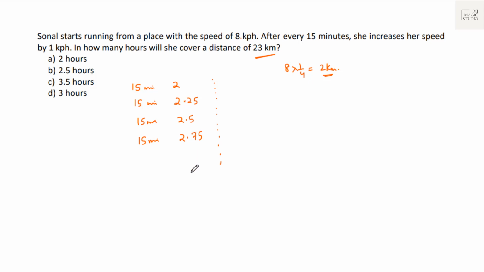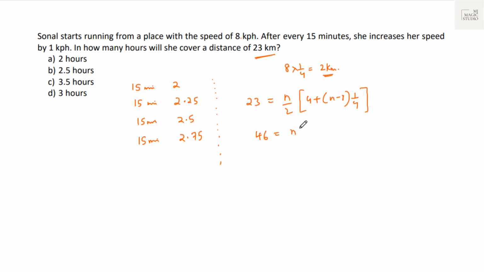So how many 15-minute slots have been consumed? Let it be n. Then 23 is equal to n by 2 into 2a plus n minus 1 into d, where d is 1 by 4, that is 0.25.